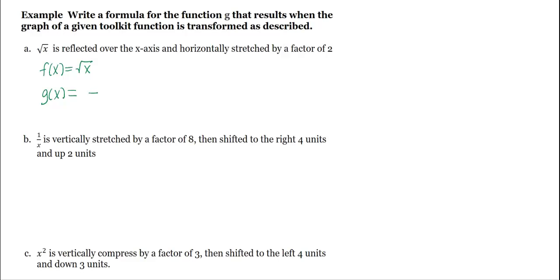So that means we're going to put a negative sign in front of the f of x. And we're going to stretch this by a factor of 2. Horizontal stretches happen inside the function, so we'll put a 2 inside the parentheses. So this is going to end up being negative square root of 2x.